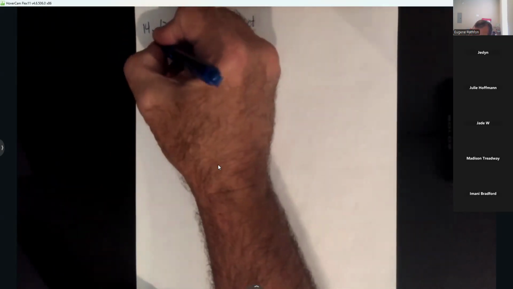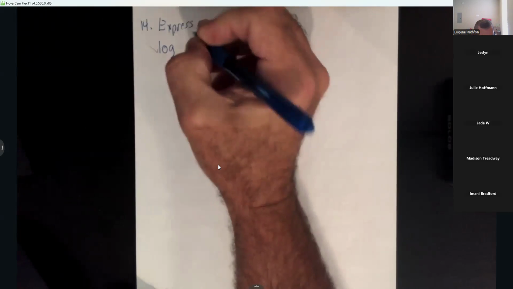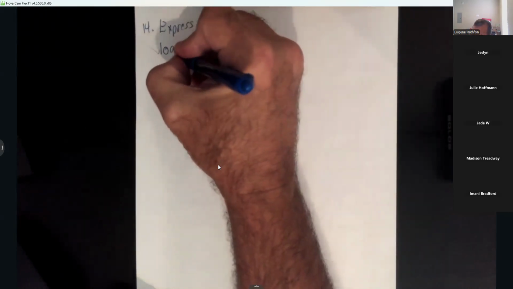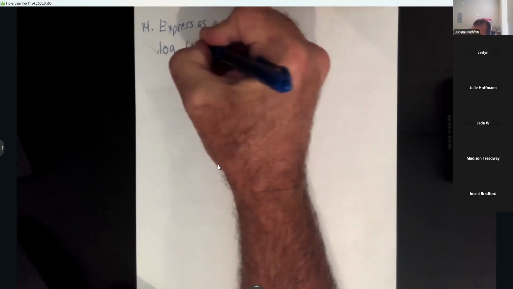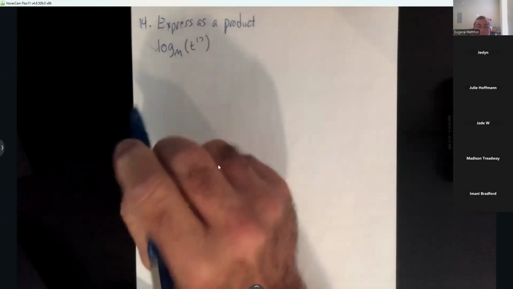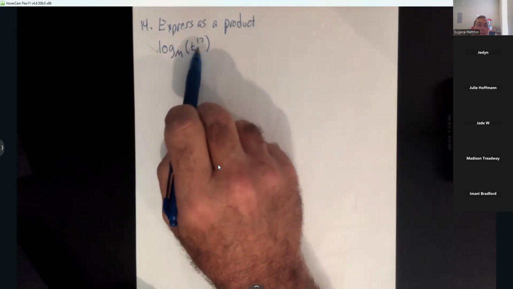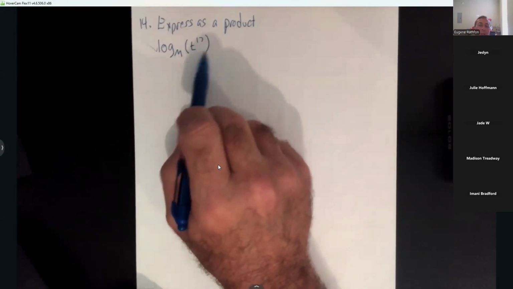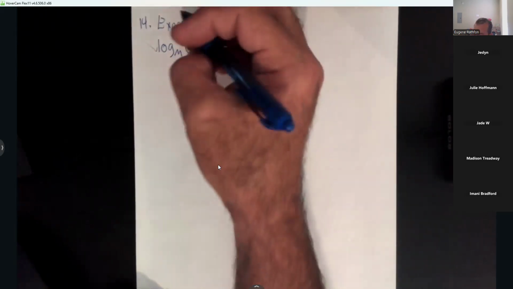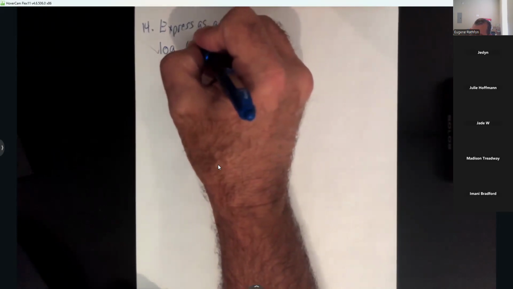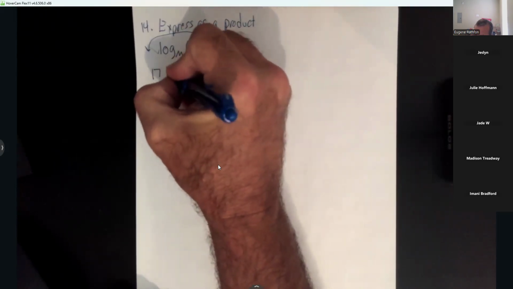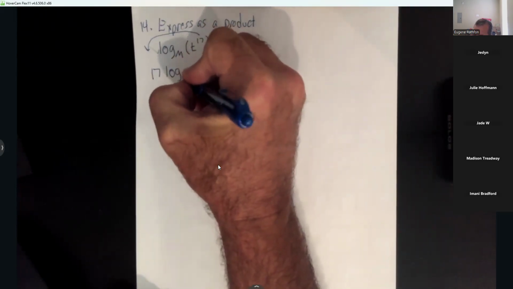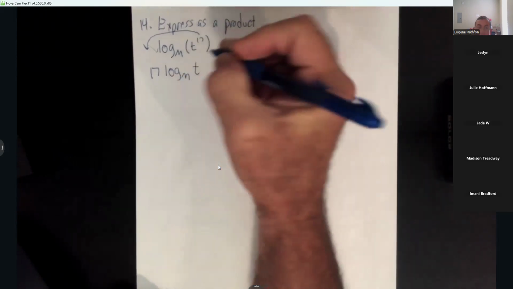So they're going to give you something like this. Log base m of t to the 17. Now they've got this in parentheses, but it don't matter. They're just sort of separating stuff. But to rewrite this as a product, you're going to bring the exponent down to the front and make this 17 times the log base m of t.